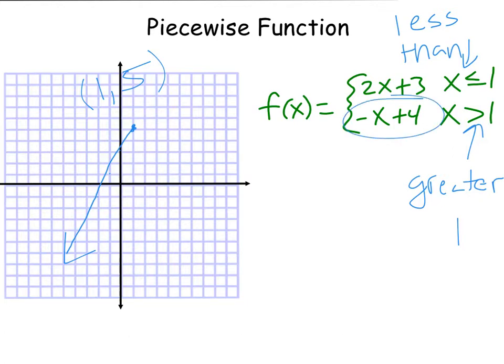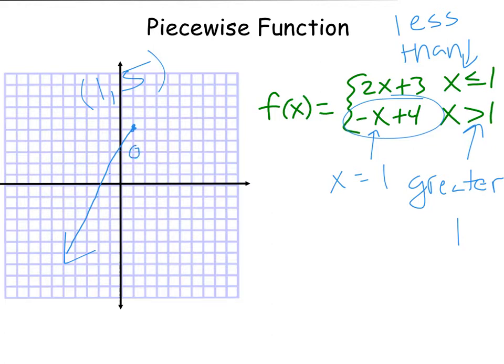Now I plug 1 into this one. If I plug in 1, I get 3. So that's going to be a point at (1, 3), but you have to remember that's like the cutoff point, but 1 went with the 2x plus 3. So I need to mark that this is the place to start, but I don't want to include this point. So notice I put an open circle.